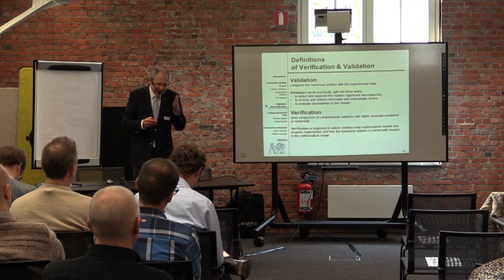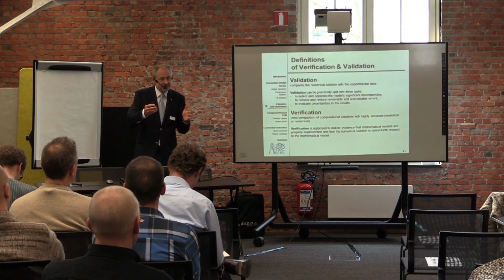So validation is the top, the most important, the cream. But it's not so easy to validate any model against experiment. So there is some internal step, this verification, and I was trying to explain it.